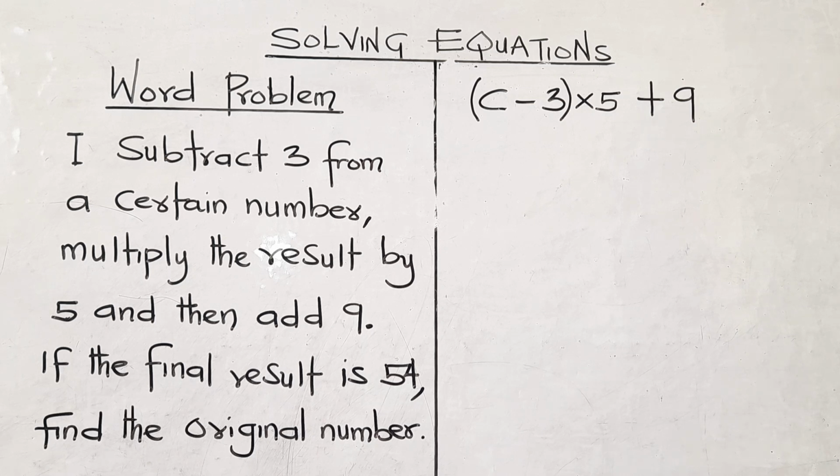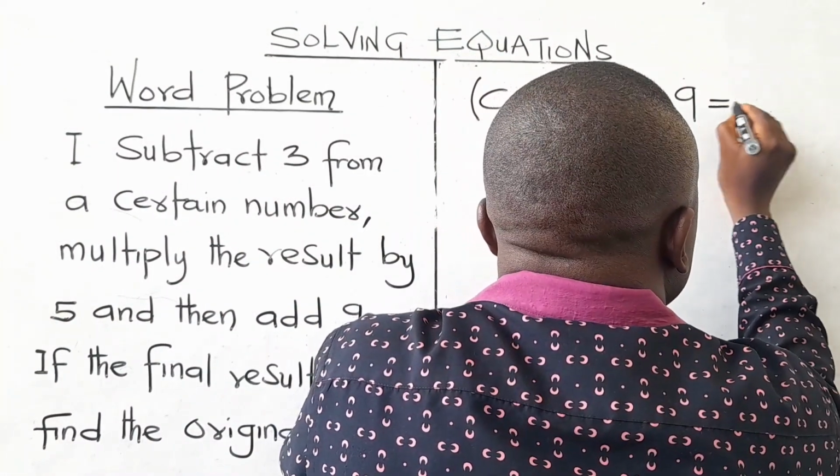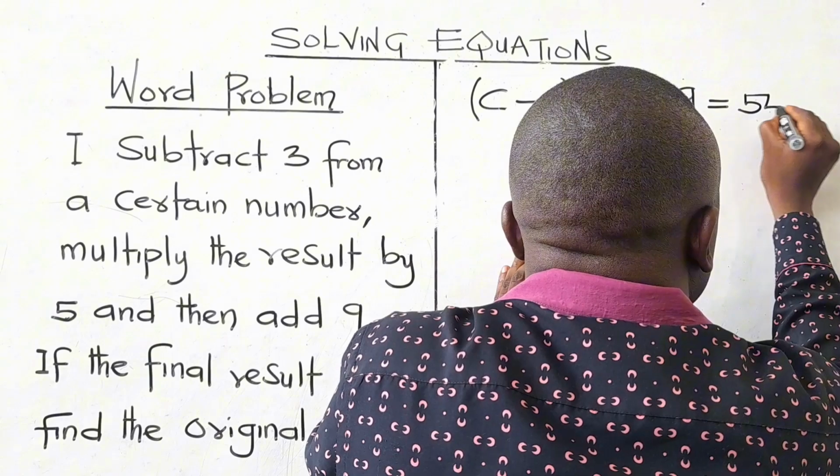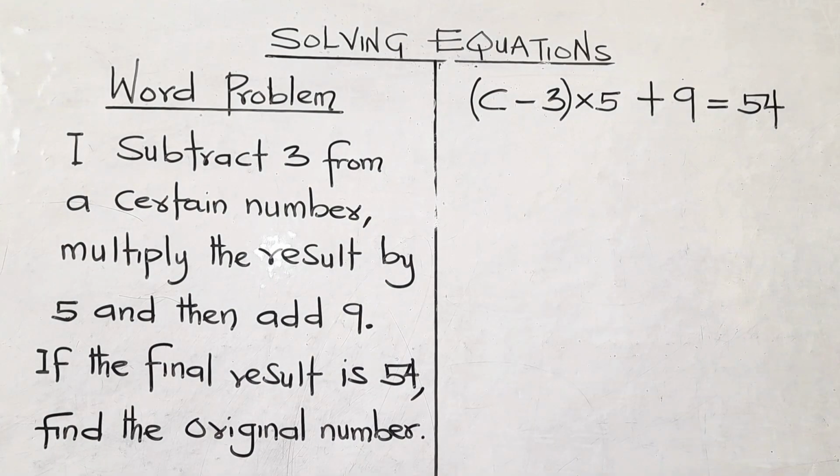Now, the question goes on to say, if the final result is 54, if the final result, everything, is 54, find the original number.